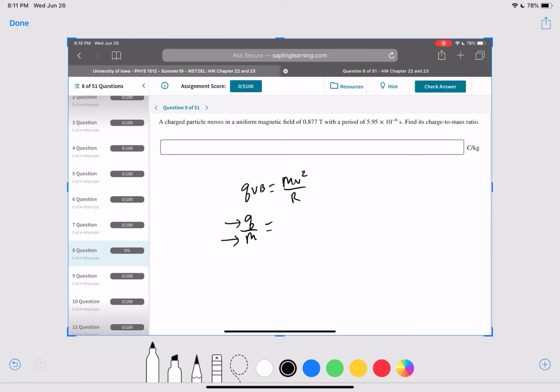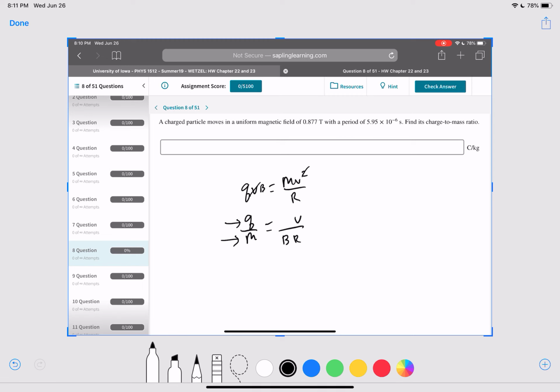The ratio means you divide the two. The charge to mass ratio should be mv over Br, right? Because you divide by one of the v's. And so q over m should be v over Br.